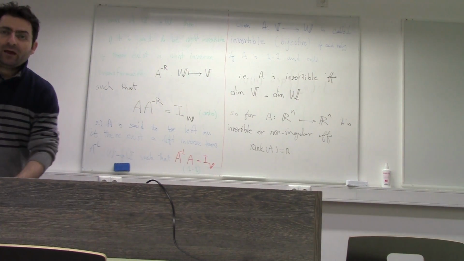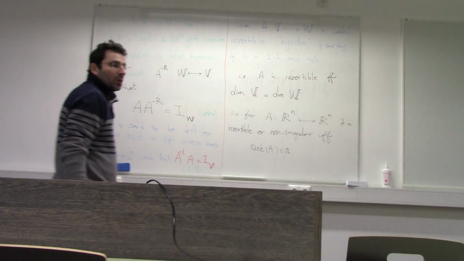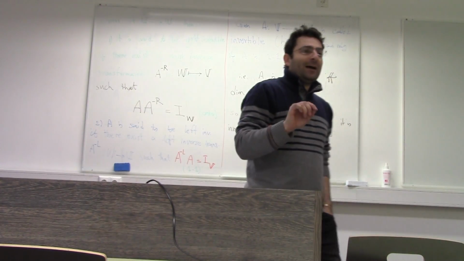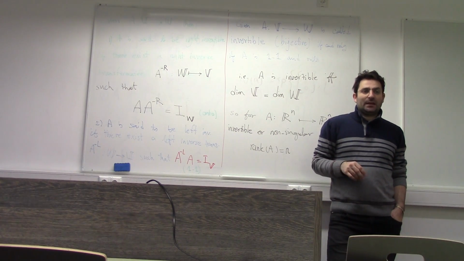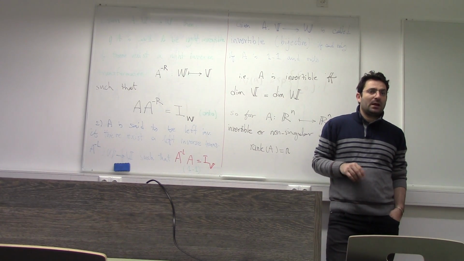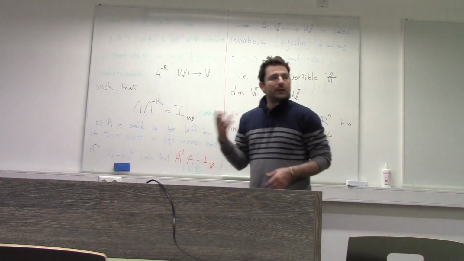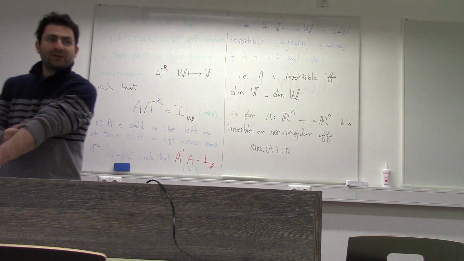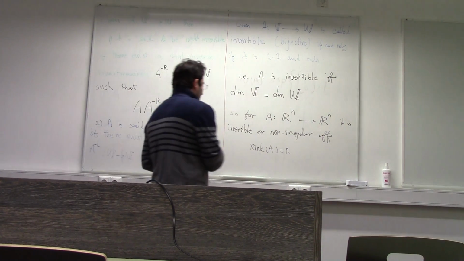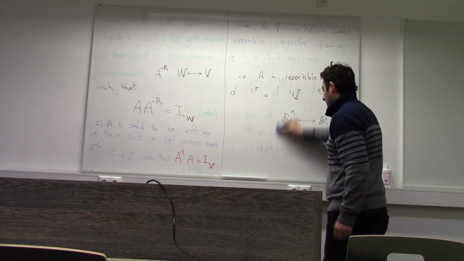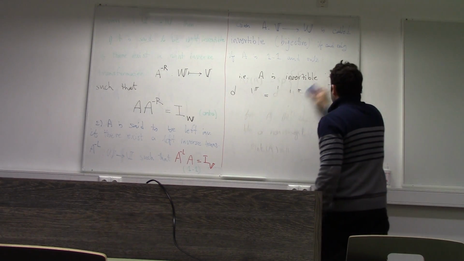Remember, if it is only onto or only one-to-one, and we have this right or left inverse, they are not unique. You can find sets of vectors or matrices which satisfy this condition. Which leads us to the theorem that I will write in a few seconds.